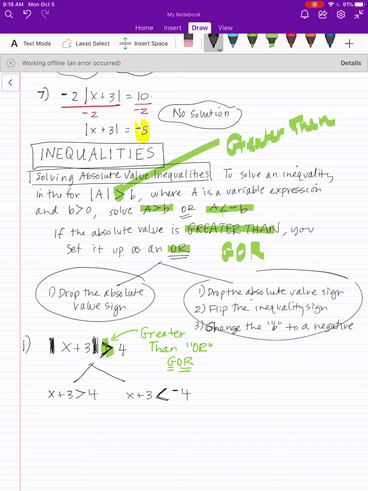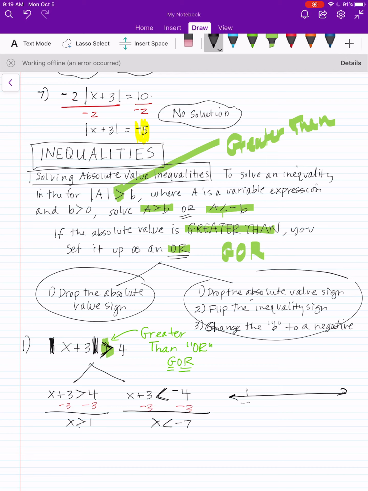Once you get it set up, then you solve just like normal. I subtract 3 from both sides, and I have x is greater than 1. Over here, I subtract 3 from both sides, and I have x is less than negative 7. If I were to draw this, notice that the signs are opposite, and that's what happens with an OR.